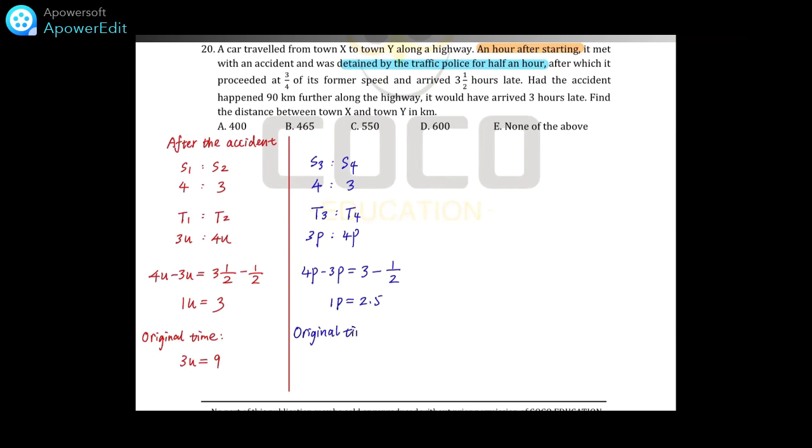Now look for the time where it was traveling at the original speed. The original time was T3. This is 3p, 7.5 hours. Now we can draw a figure to illustrate the question.